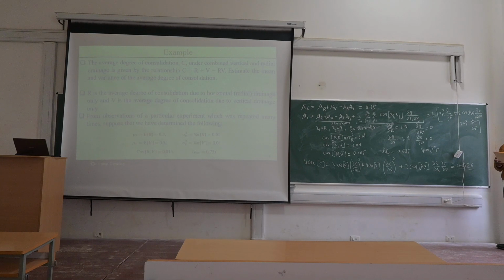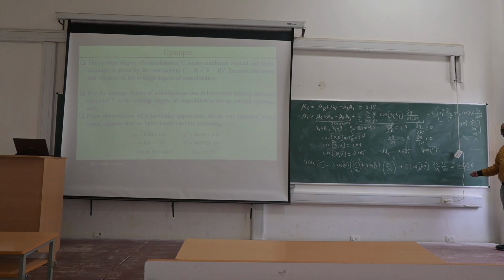Okay. Now you tell me, what is the coefficient of variation of C? What is coefficient of variation? Sigma C by mu C. So what is sigma C? Square root of this.